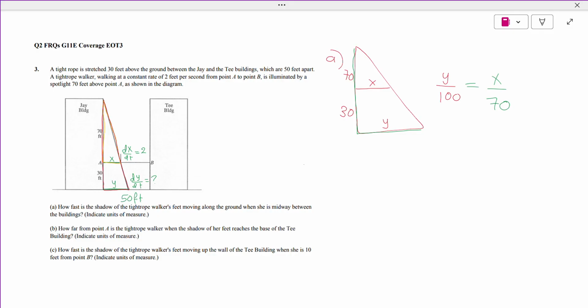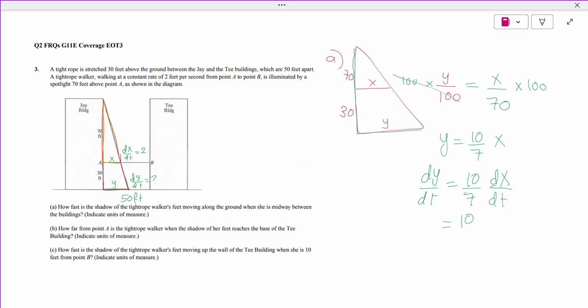And we are looking for dy over dt. Before we differentiate, we can multiply by 100 here and 100 here. So y equals 100 over 70, which is 10 over 7 times x. Differentiate, you get dy over dt equals 10 over 7 dx over dt.